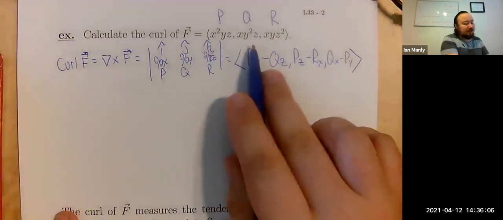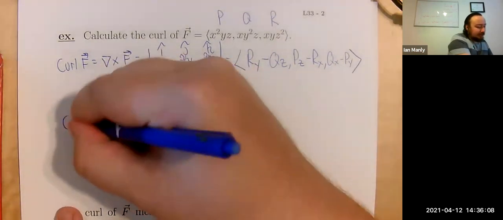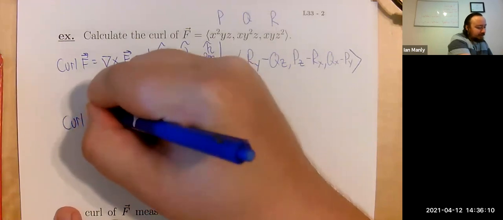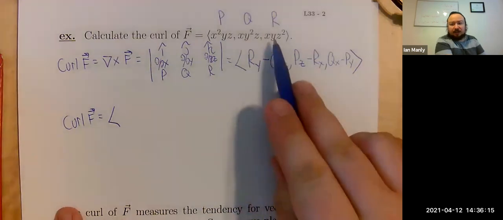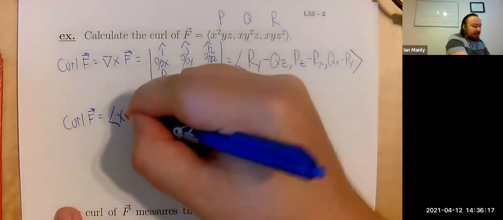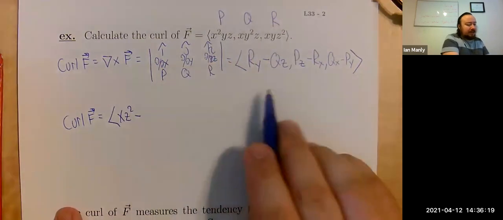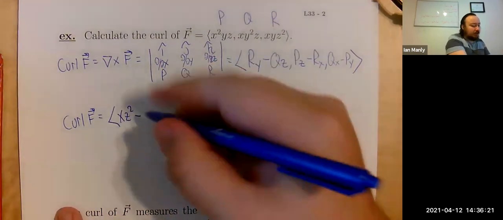All right, so let's go ahead and compute it for this. So the curl of our particular vector field here, let's see, I'm going to have R sub y, so that's x z squared, minus Q sub z, so that's x y squared.